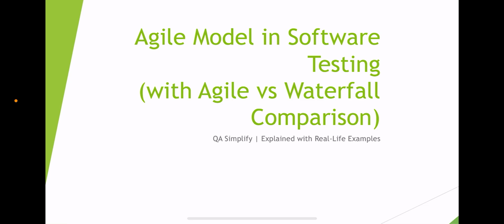So as you know, in our last video we covered the waterfall model briefly, and in today's video we will cover the agile model, which is used in the software development life cycle.